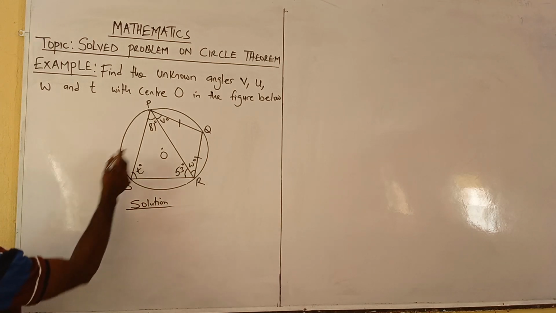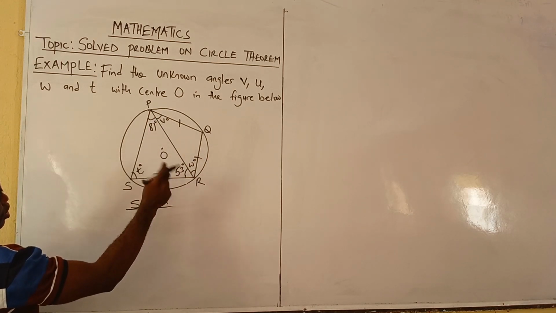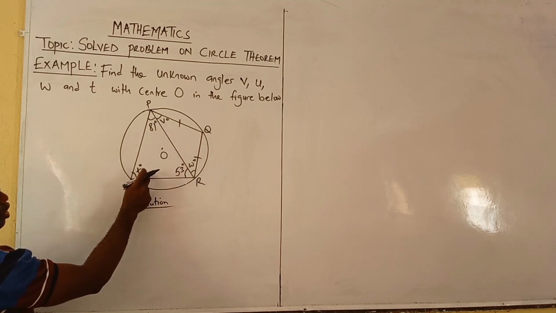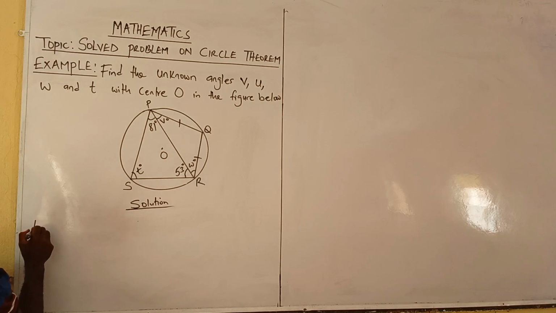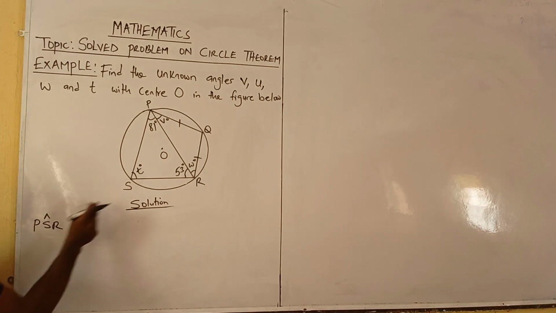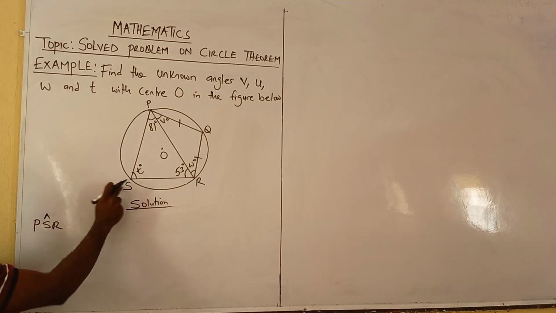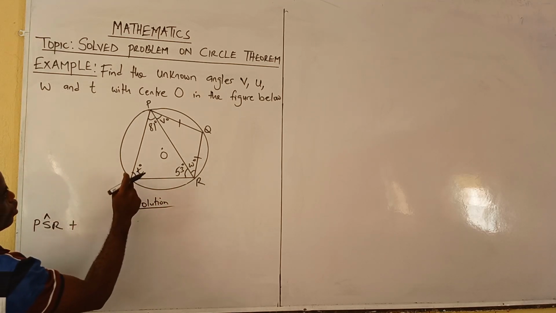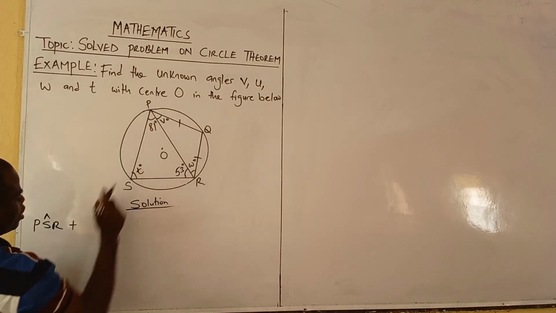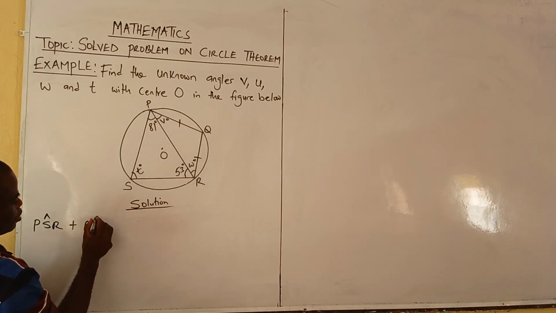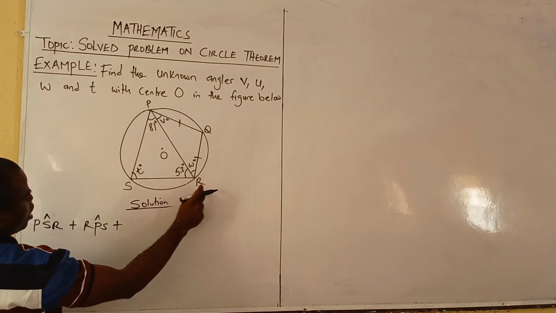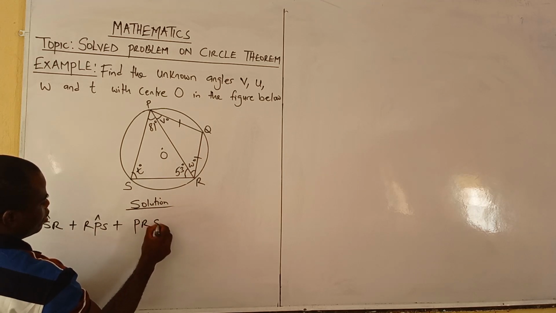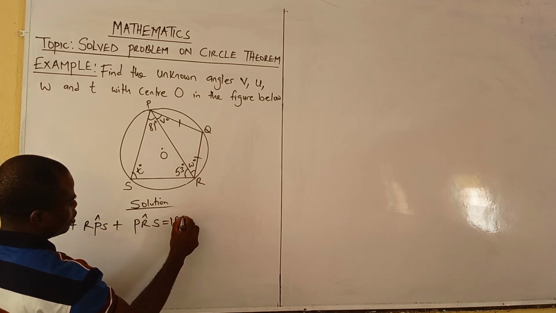Now this is a triangle. You have this angle, but you don't have this angle. Now angle PSR, put the angle symbol on top of this S to signify that you are referring to this angle, plus angle RPS plus angle PRS equals 180 degrees.